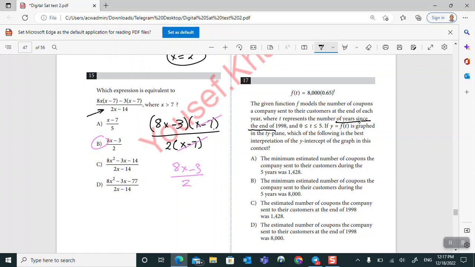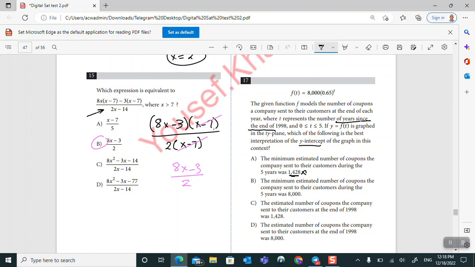So we can just try to find what I have said in the question, in the choices. A says the minimum estimated number of coupons the company sent to their customers during the 5 years was 1428. That's completely incorrect. And by the way, when you have a y-intercept interpretation, all you have to do is look for the initial value or the starting value of whatever the question is asking for.